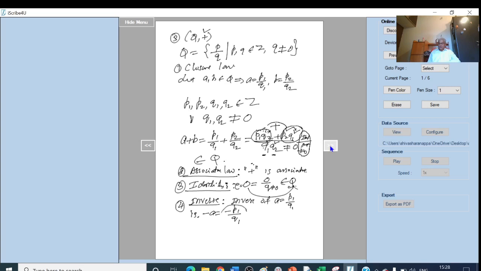Okay, this is the inverse of this, and this belongs to Q here. So for every P1 by Q1 in Q, there is an element minus P1 by Q1 in Q. And if I add these two elements here, we are getting it is equal to 0, the identity element. So therefore here, inverse of each element exists.